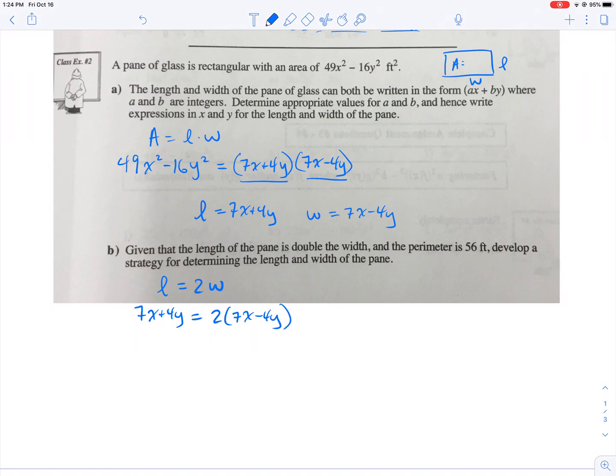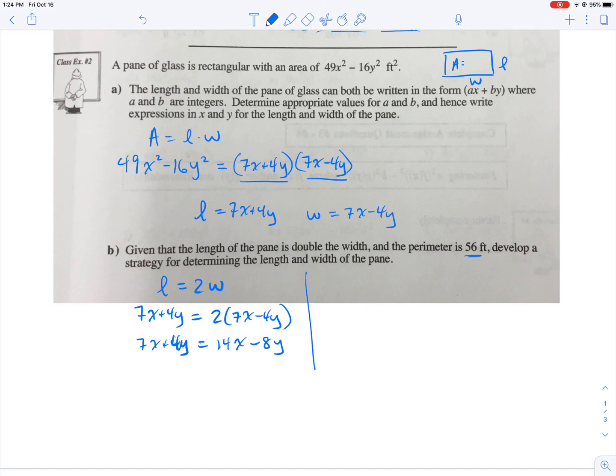Okay, so let's multiply this out and see what we get. 7x plus 4y is equal to 14x minus 8y. Yeah, there's no real way to solve for that, but let's keep going here.